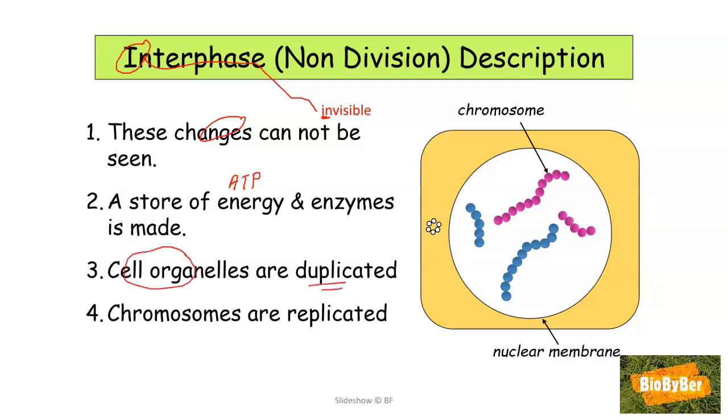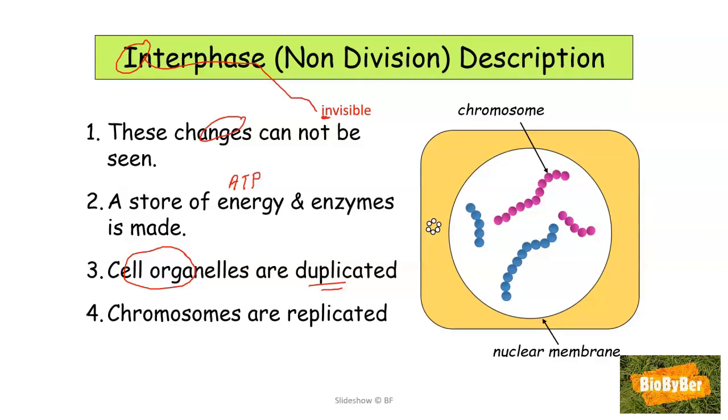So, for example, if the cell has 5 mitochondria, it will duplicate the number of mitochondria and produce 10 mitochondria. The idea being that if it's going to split in half, then each half will receive 5 mitochondria each and therefore be identical to the parent cell.